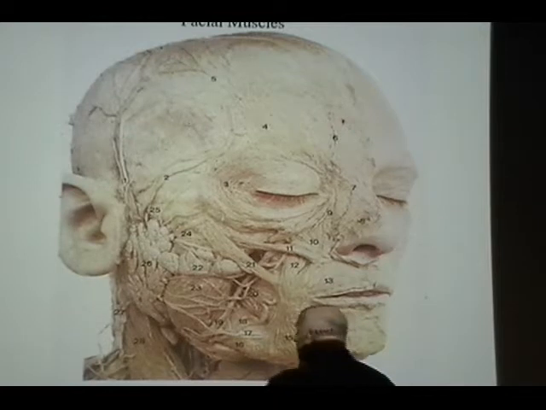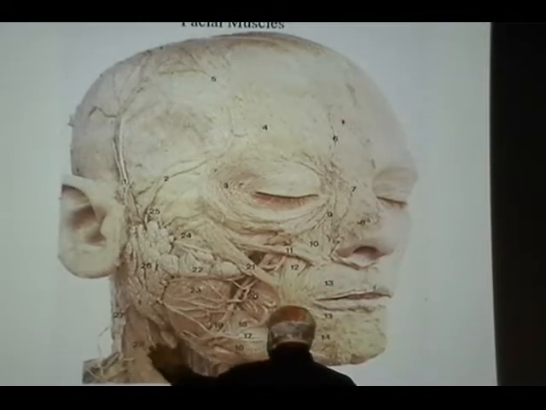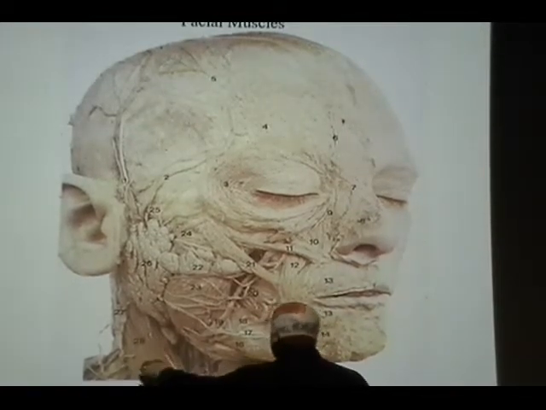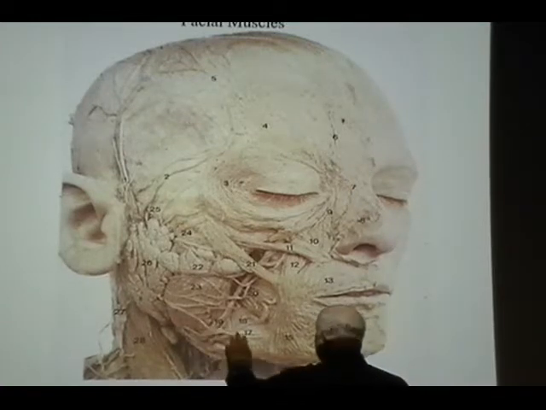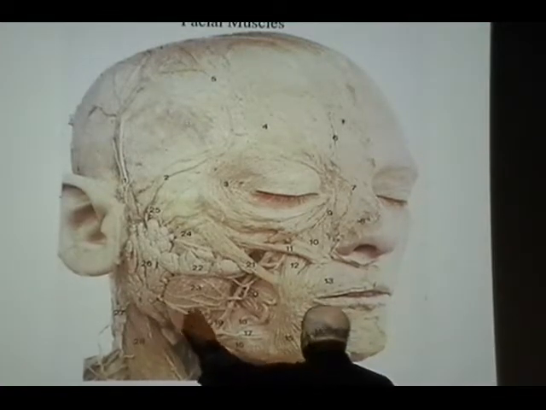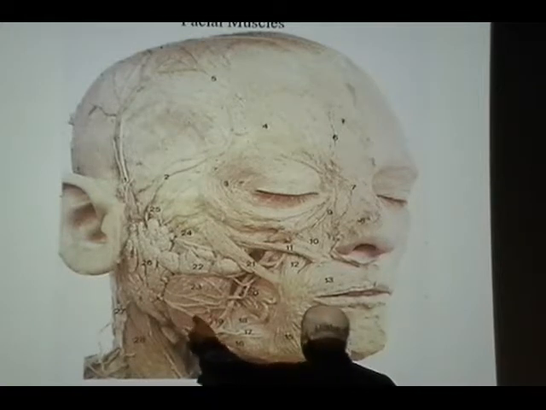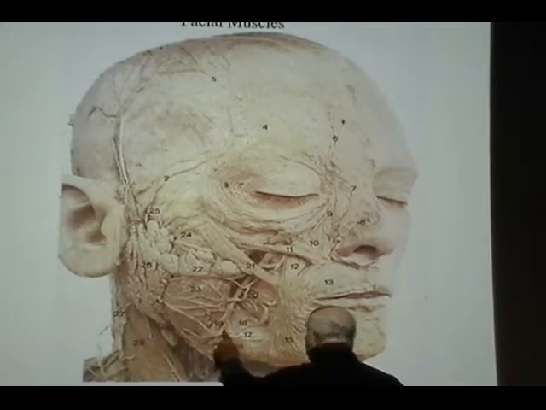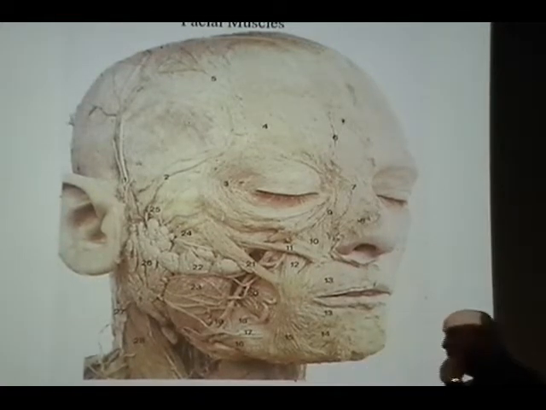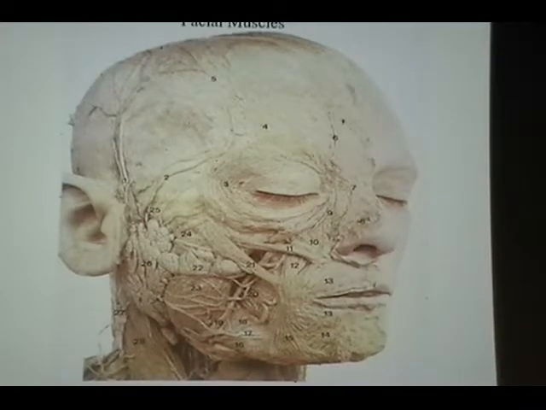This is the same illustration that does not have a platysma muscle, so there's no cervical branch. But there is a mandibular branch, and many times there is an upper portion and a lower portion. They call this lower portion, because it runs along the border of the mandible, the marginal mandibular branch.